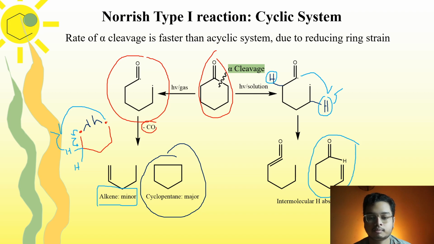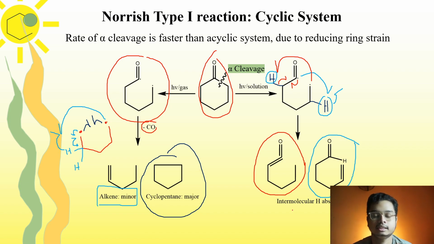So this particular product has been observed. But if the alkyl radical captures this particular hydrogen, then ketene formation takes place, and we got this particular compound. So this is the ultimate summary of the Norrish type 1 reaction.